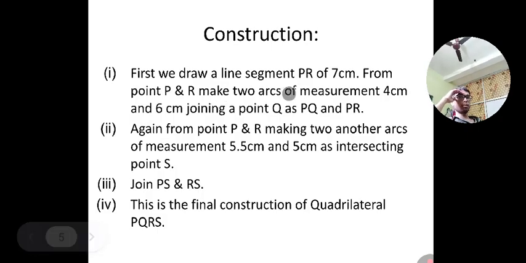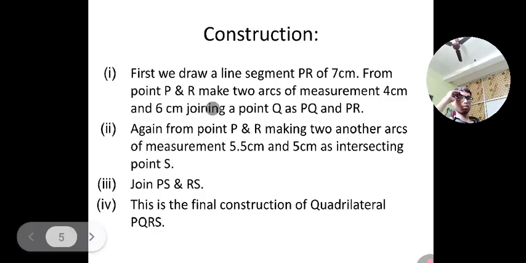Now construction. First we draw a line segment PR of 7 centimeter. From points P and R, make two arcs of measurement 4 centimeter and 6 centimeter, intersecting at point Q. Again from points P and R, we make two more arcs of measurement 5.5 and 5 centimeter.